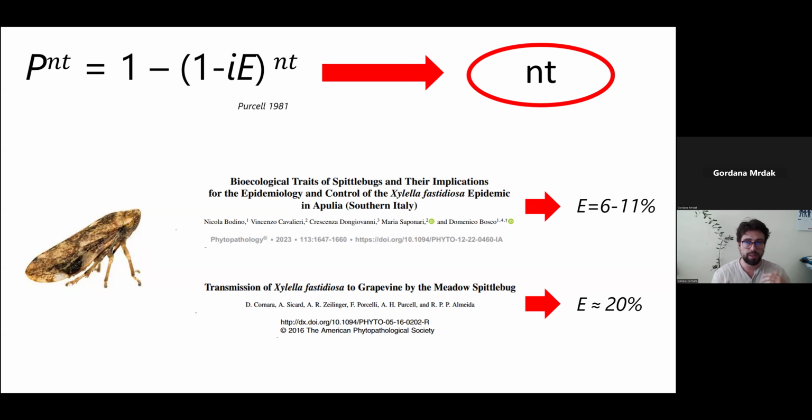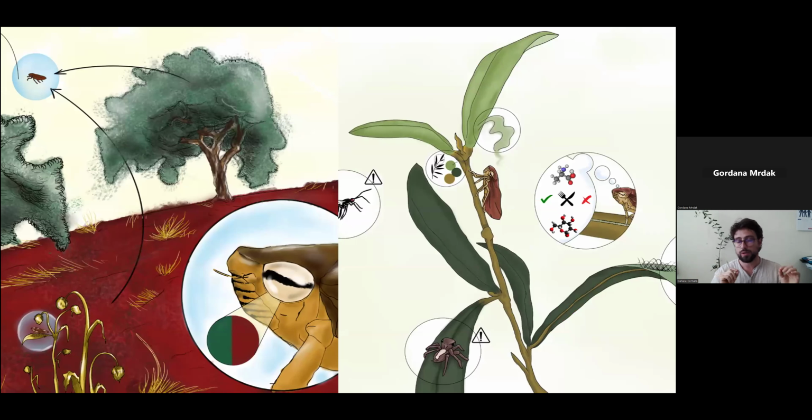And what we really don't know is what factors influence the vector activity. For example, how does a Philaenus locate a host plant within the landscape? What are the main cues driving the individual toward the host plant? And once an insect alights on a plant, what are the plant-related factors that permit Philaenus to recognize it as a suitable host plant?